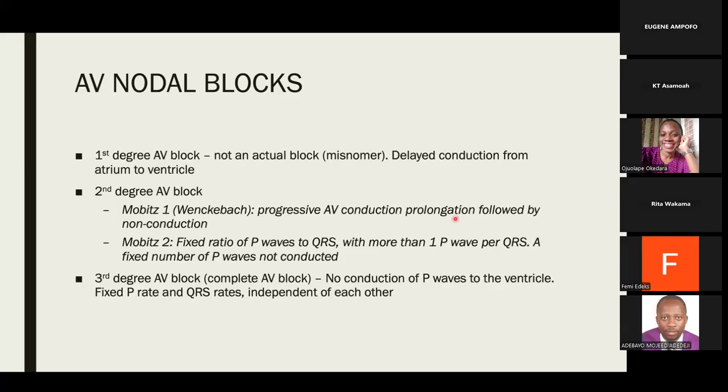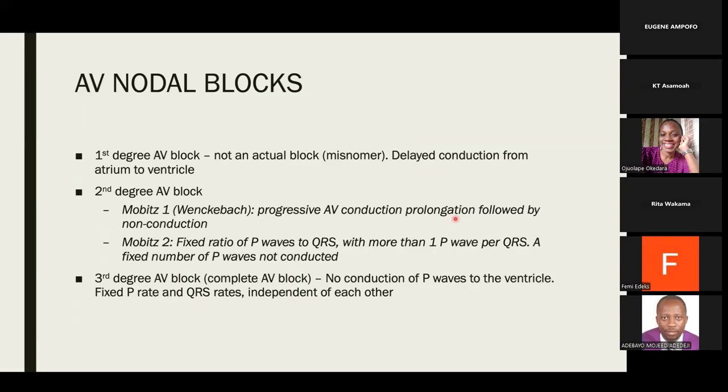Now in a Mobitz 2, the PR interval is fixed. There's no prolongation. So you have a consistent PR interval wherever you have the P and the QRS following. However, you tend to have more than one P wave to a QRS. So you have a patient who may have 2 P waves before the QRS shows up, or 3 P waves before the QRS shows up.